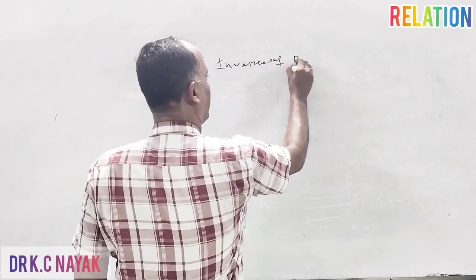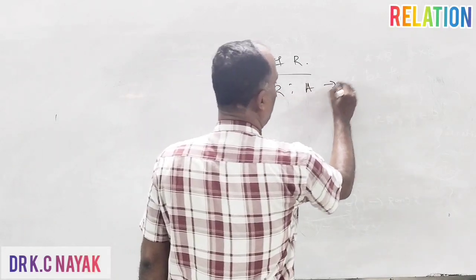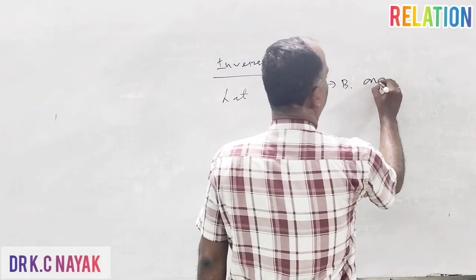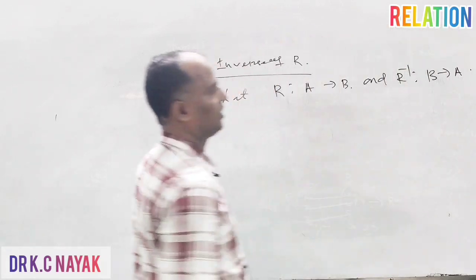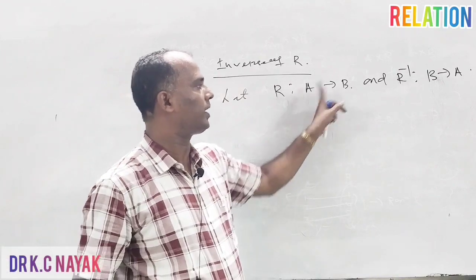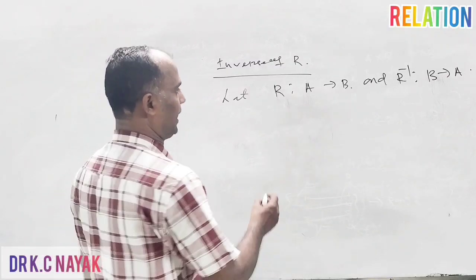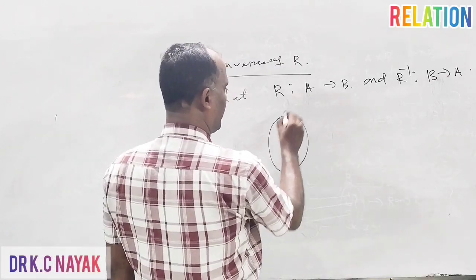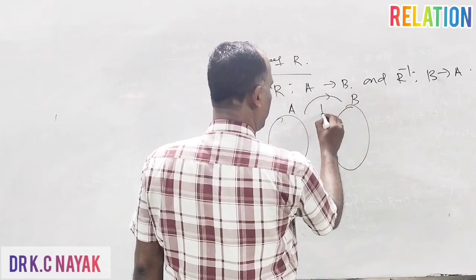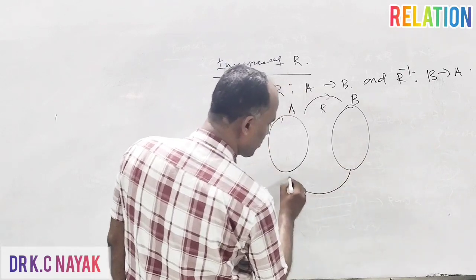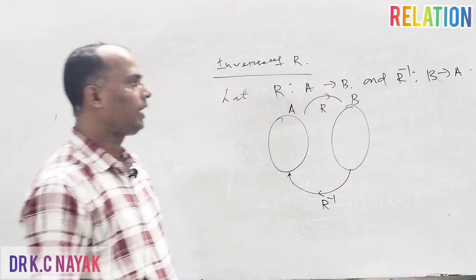Let R be a relation from A to B, then R inverse is also a relation, from B to A. If A is associated to B by a relation, and B is associated to A, that is R inverse.